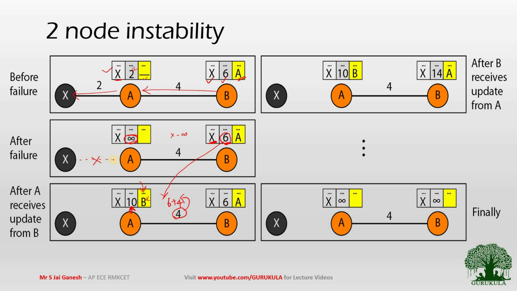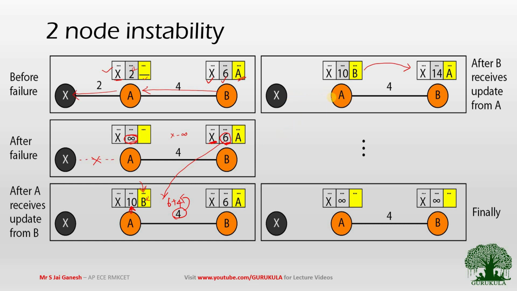So now when the tables are exchanged, after A updates its table, A will send its table to B. Now B will update this information. Since X is directly connected with A, any information that is received from A will be more reliable than my own information. Right?